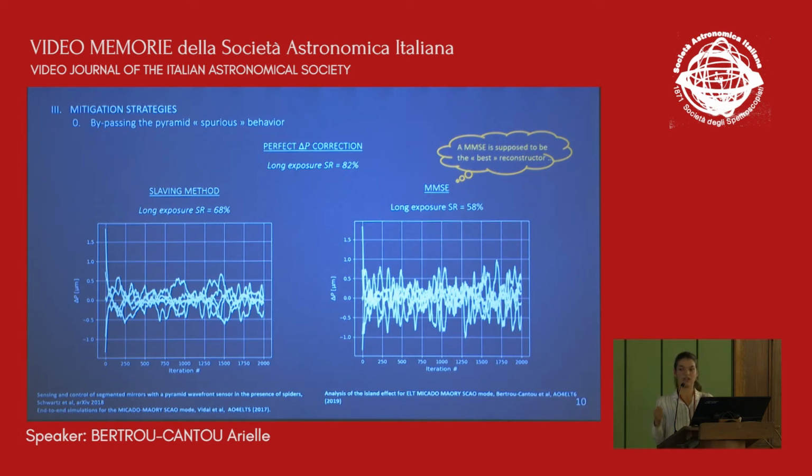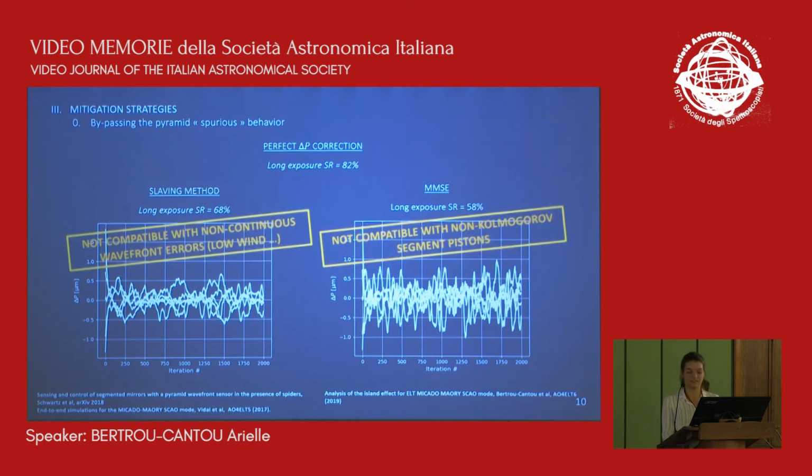You slave actuators at both edges of the spiders, and you suppose the wavefront to be continuous. Or I also implemented an MMSE reconstructor, which is also based on the hypothesis of a continuous wavefront.